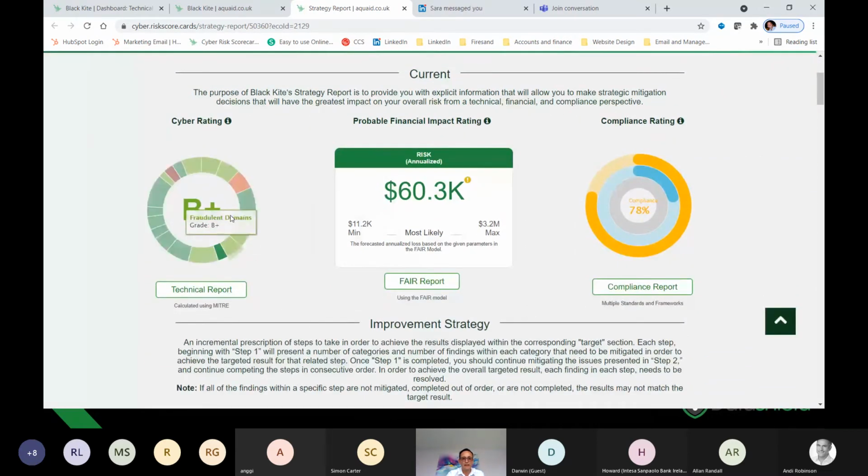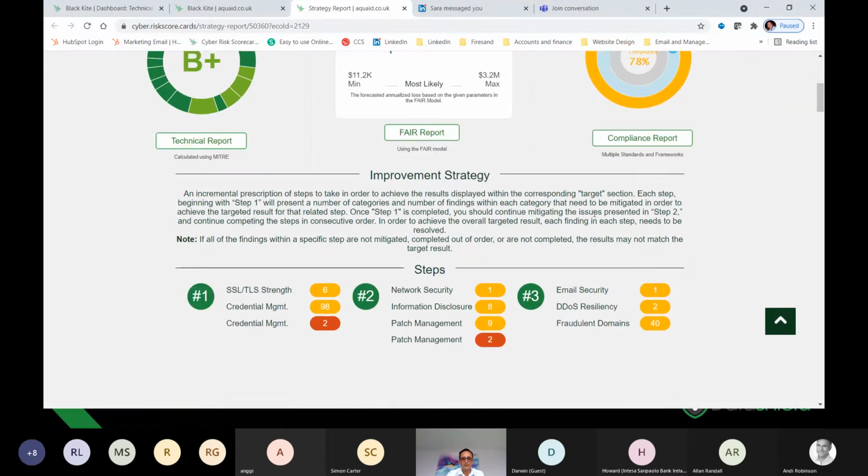So what it's saying here is they're a B plus, 60,000 of financial risk and 78% compliant. What it does, it gives you the improvement strategy. So it says they've got challenges around SSL TLS strengths, they've had some credentials management issues, they've got to sort out some network security, they've got 11 items on patch management, 9 medium and 2 critical, and then they've got some email and DDoS and fraudulent domains that have been registered close to that organization.